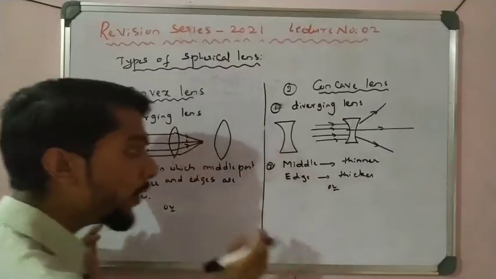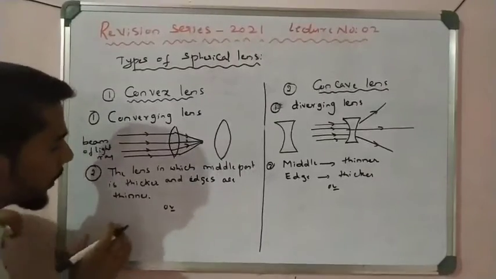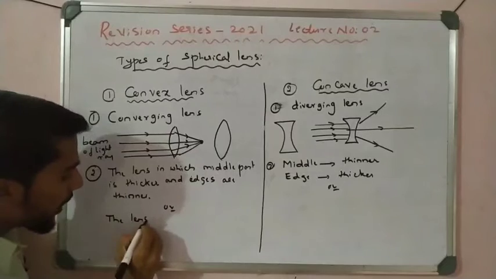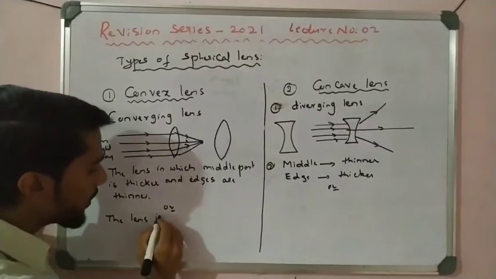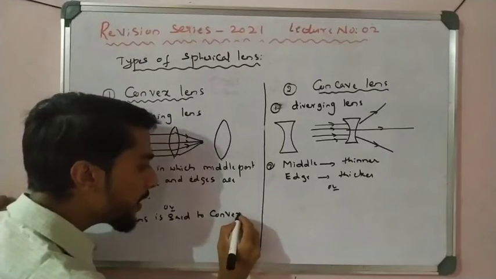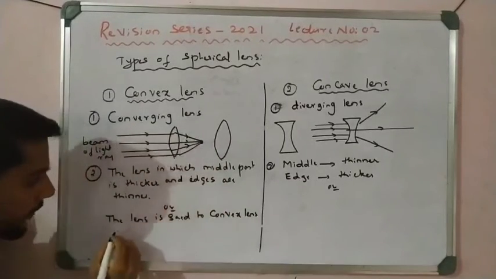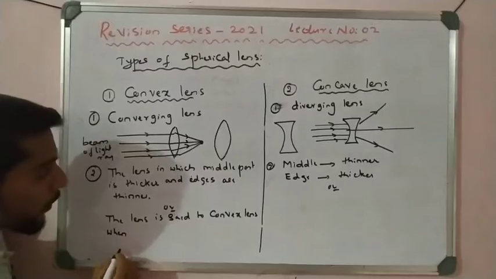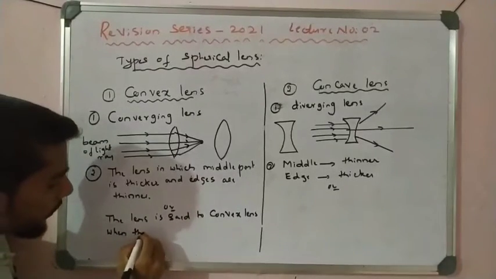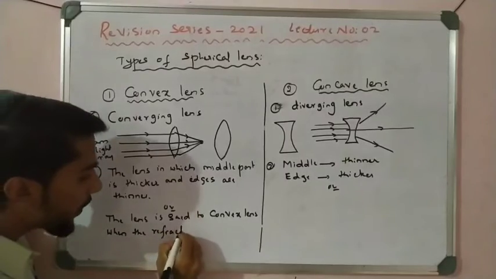Now we can also define it again. The lens is said to be a convex lens when the refracting surfaces bulge outwards.